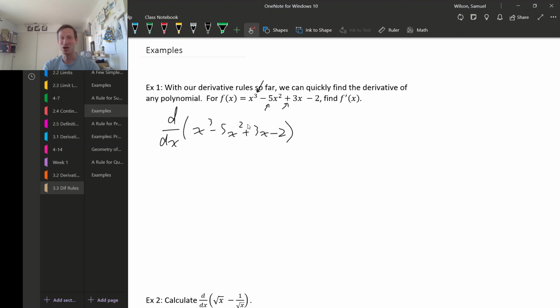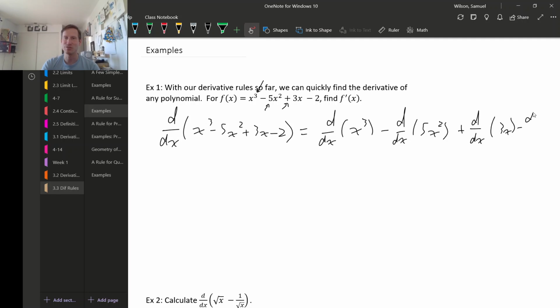It would take a whole bunch of algebra. But what we'll do instead is break this up across the sums and differences using the sum and difference rule. So this is the derivative of x cubed minus the derivative of 5x squared plus the derivative of 3x minus the derivative of 2.